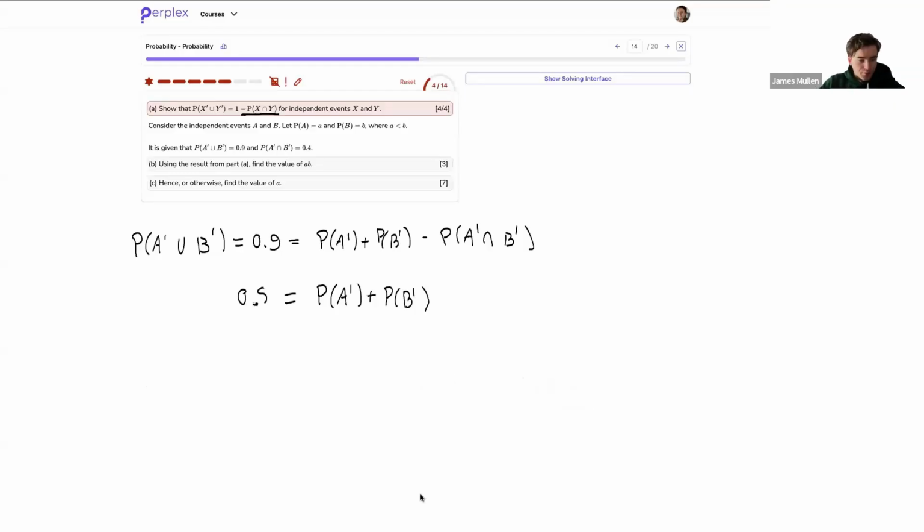Now, looking at part C, I want to use the result from part A, but I need to do something extra tricky.